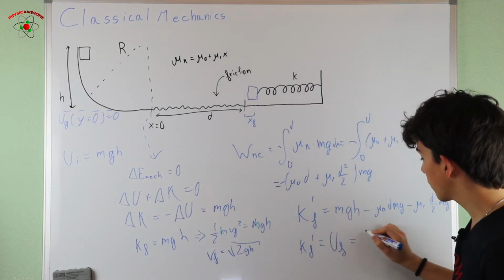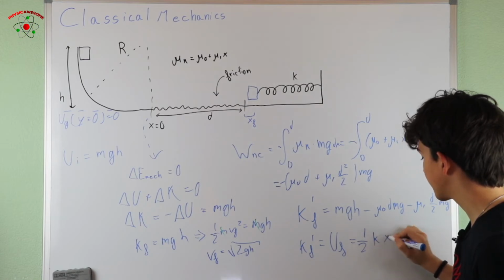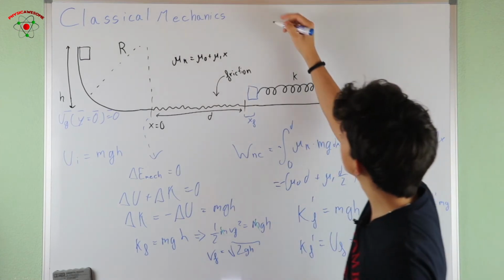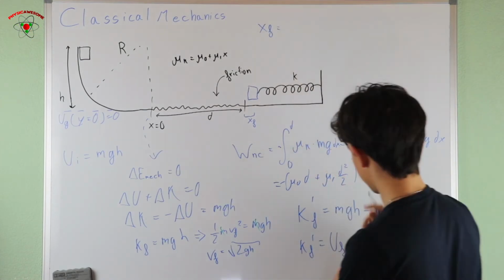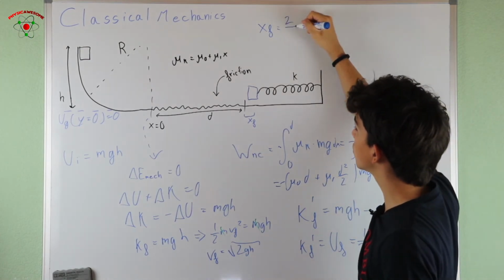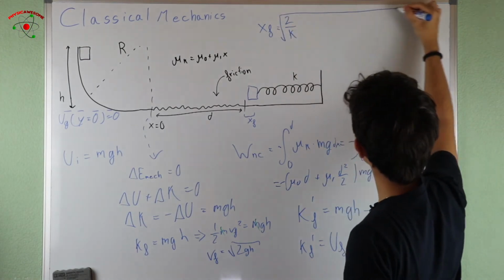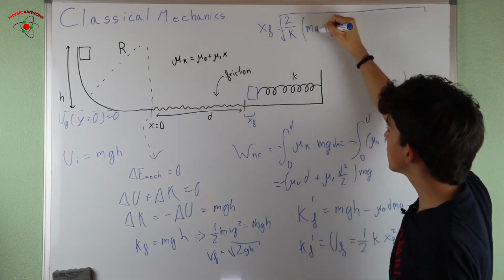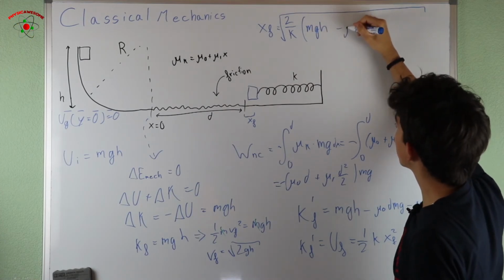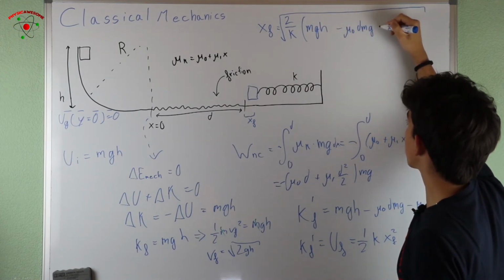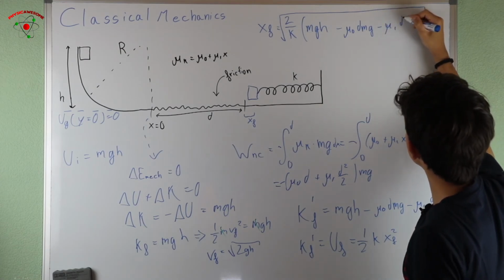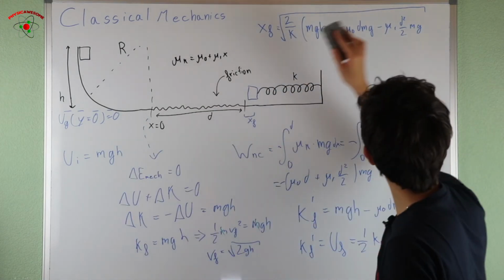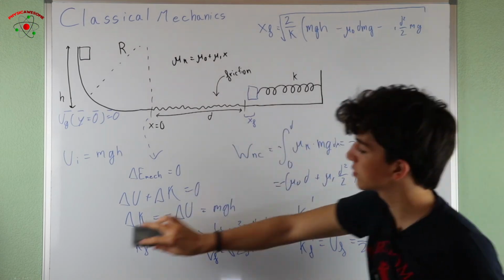Therefore, we find this is equal to 1/2 k x final squared. And if we solve for x final, we get x final equals the square root of 2 over k times (mgh minus mu0 d mg minus mu1 d squared over 2 mg). And that is not a very good mu, so let's change it.